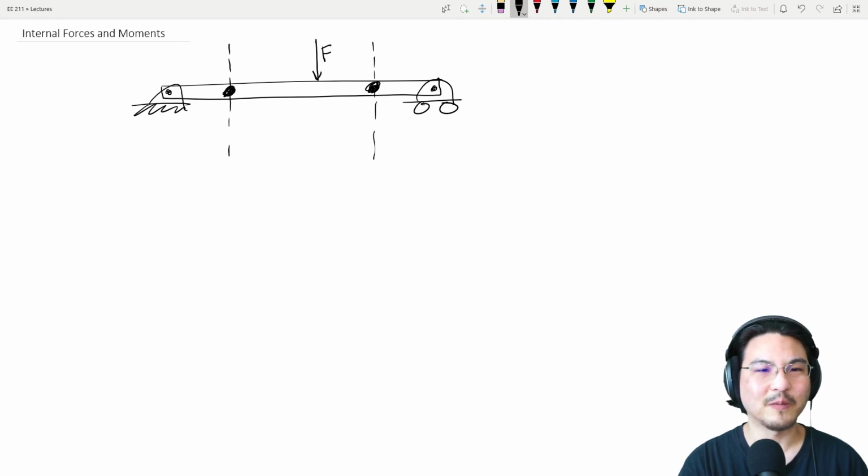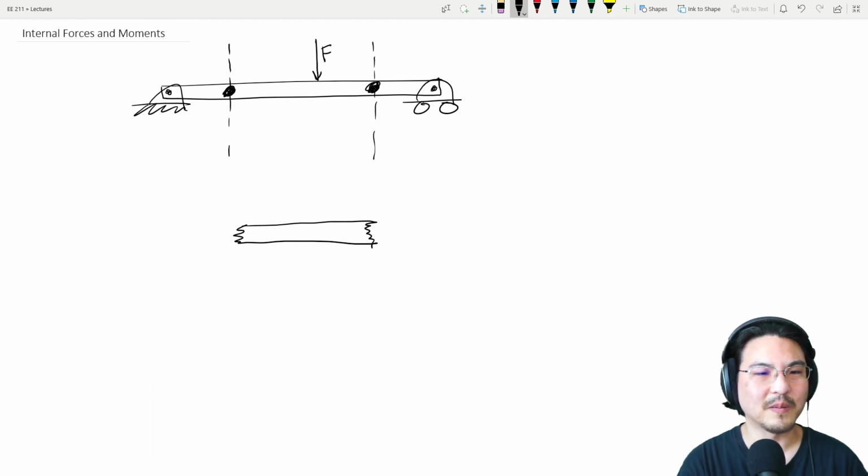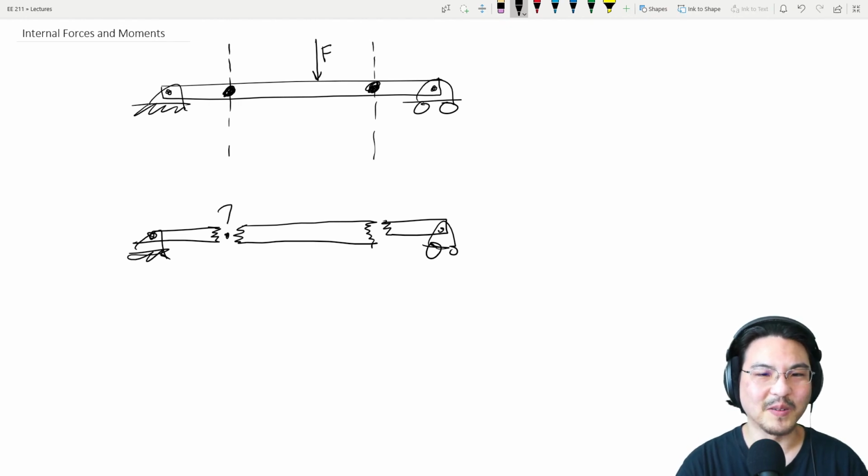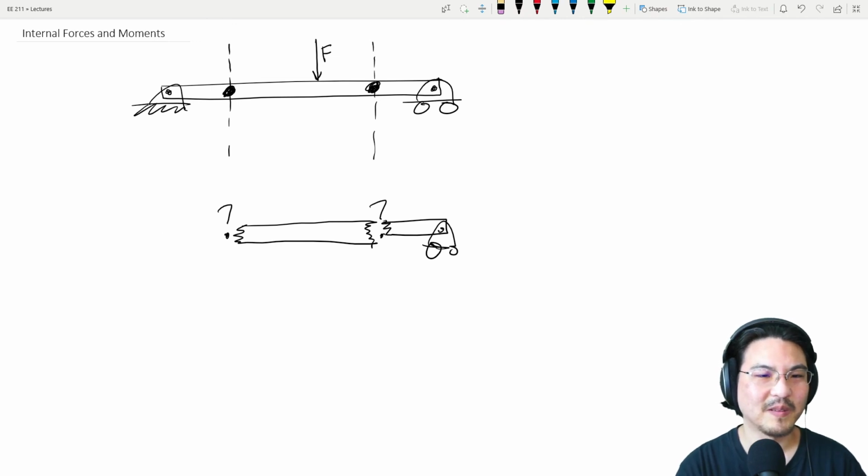It's like we cut it. Okay, and we want to know what's happening internal over here and over here. Let me get rid of these so we can focus on that section that we cut out.